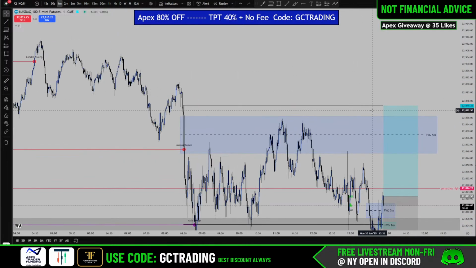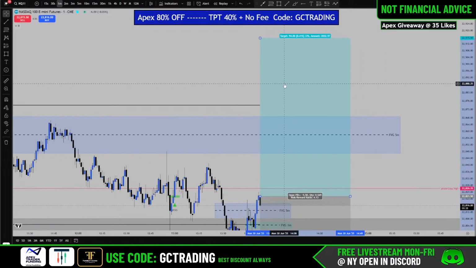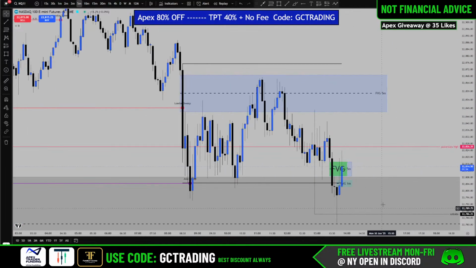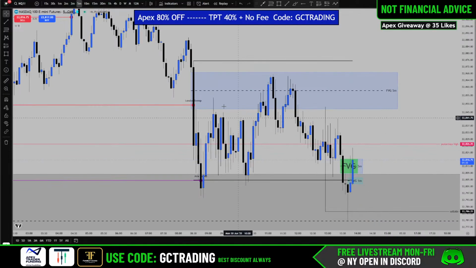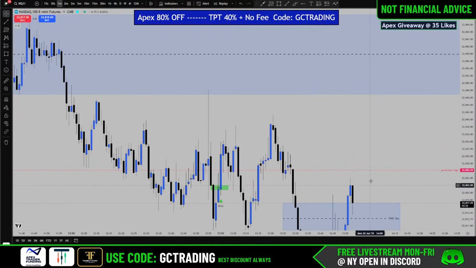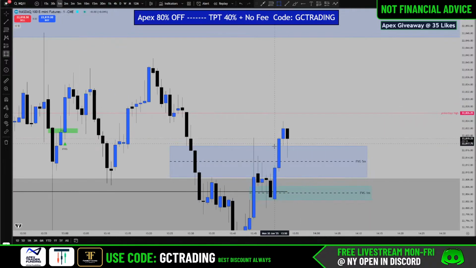Maybe I'll leave one or two for all-time highs up here, but we'll see. Yeah, we need that confirmation first. So we'll see if we get it. Tapping that gap right there wouldn't be a bad entry at all.